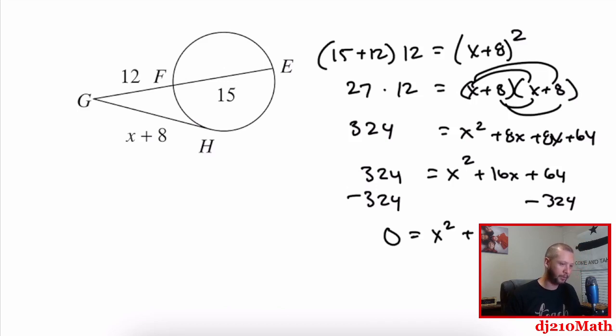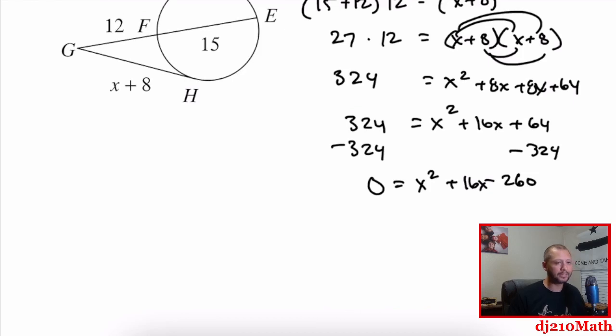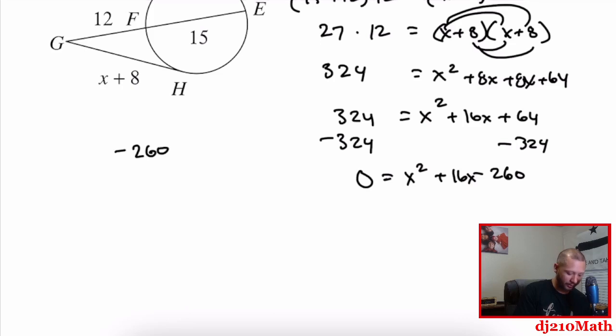So we need to come up with two numbers that multiply to make 260 that add up to 16. 13 and 10? No. Let's see. 13 and 20. So let's see. 260. Right, negative 260.